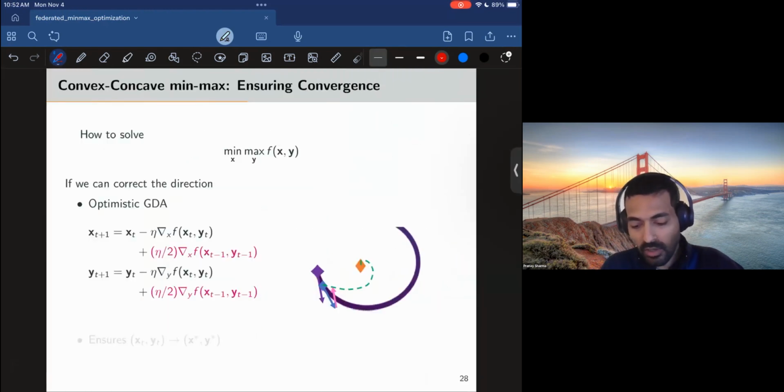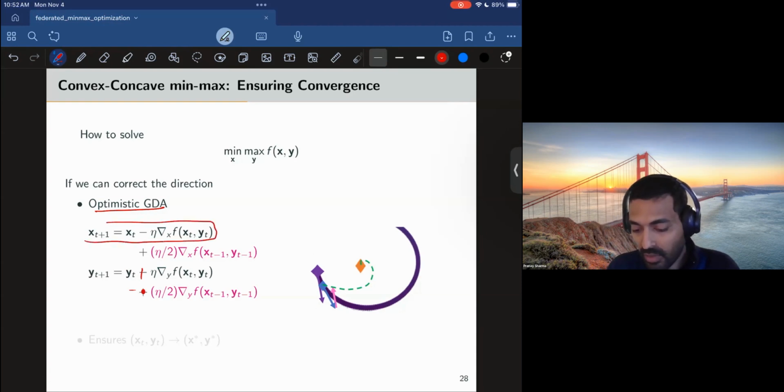And there is an algorithm called optimistic GDA which achieves exactly this. So it sort of corrects GDA. So this should be plus and this should be minus. Sorry about the typo. If we just look at this thing in black, it's exactly the GDA algorithm.